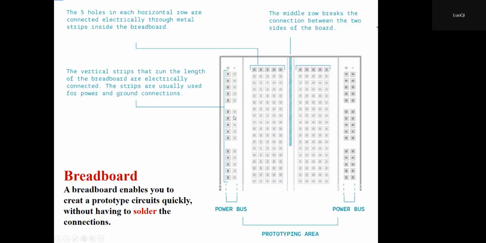These are usually used for power and ground connections. You can see power. And the middle row breaks the connection between the two sides of the board.